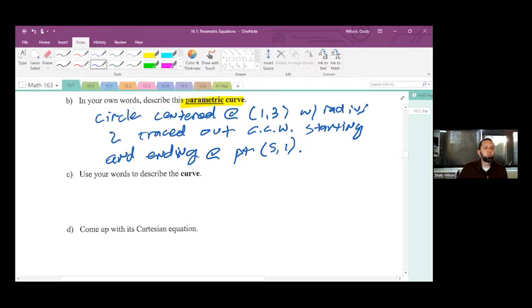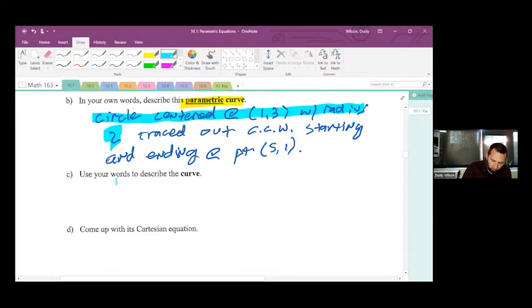We could contrast this with just describing the curve. And so the curve itself would just be the front part of this, without talking anything about the tracing and the starting and the ending.